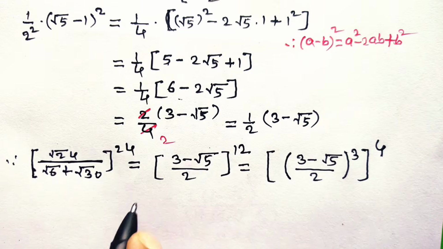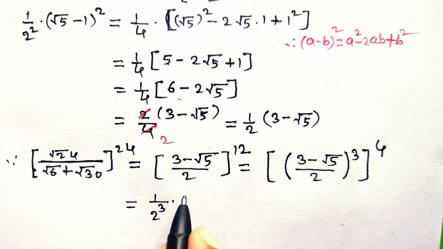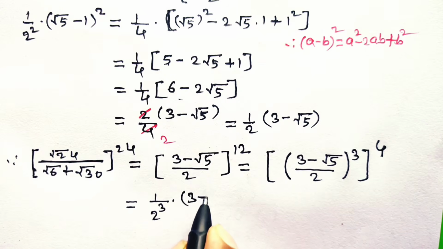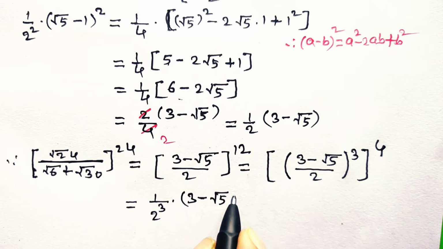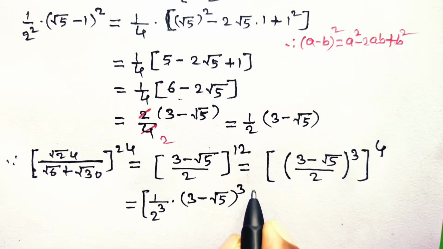So this is equal to 1 upon 2 cube into (3 minus square root of 5) cube of this, and then its fourth power.